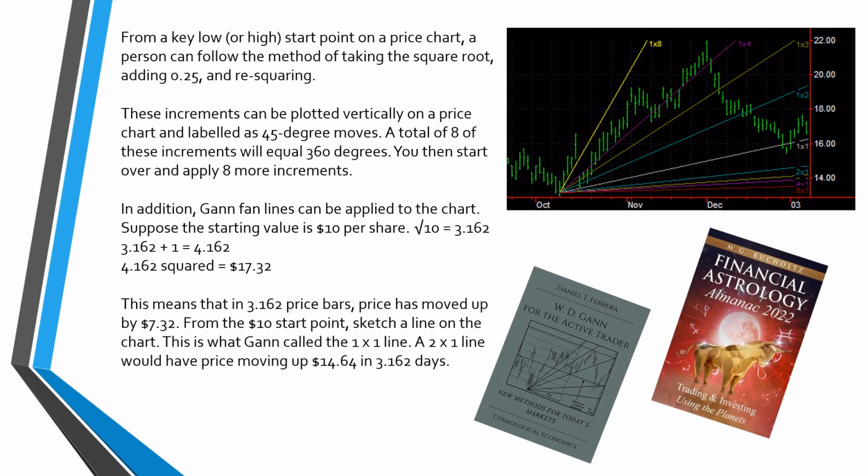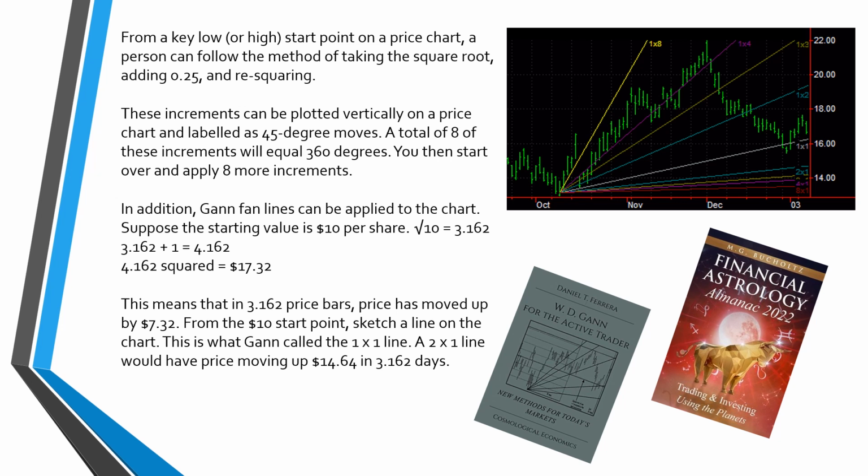Now we can take this one step further. Let's suppose we have a price chart, and on the price chart we identify a critical low point or perhaps a critical high point where the trend changes. We can actually plot some Gann fan lines over top of that chart.